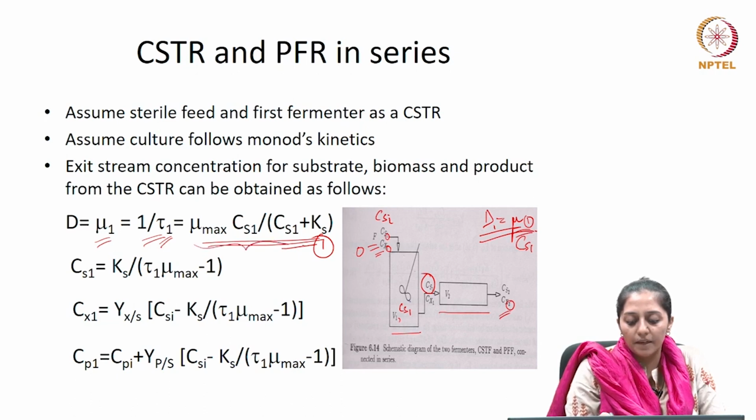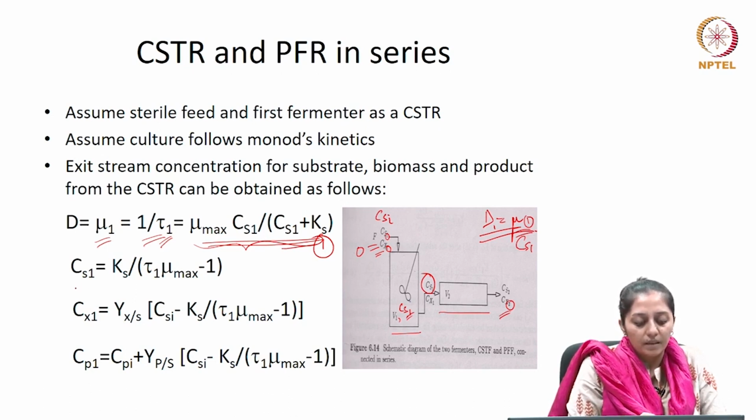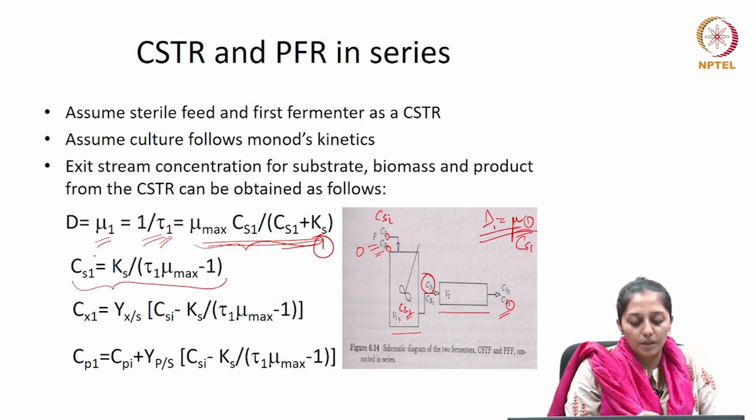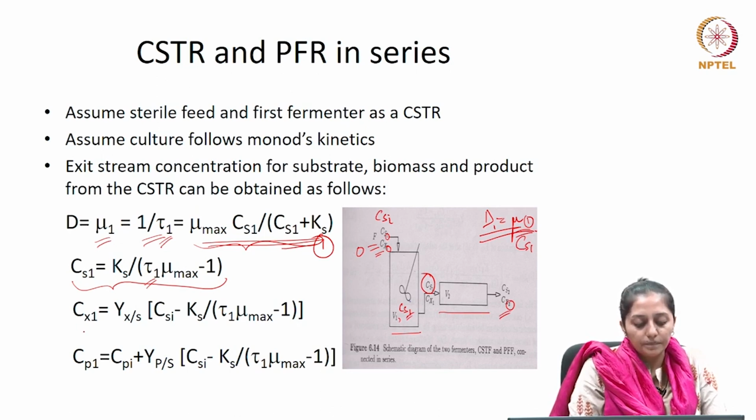Mu has been expanded as a function of the substrate concentration inside the reactor at steady state, CS1, because it is following Monod's kinetics. Then CS1, after rearrangement of equation 1, can be represented under steady state as a function of residence time and culture kinetic constants.